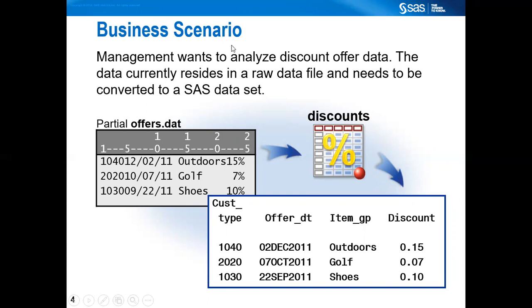So that's what the business scenario is. Management wants to analyze discount offer data. The data currently resides in a raw file and needs to be converted into a SAS dataset. Until this raw file is brought into SAS, we cannot give the report on the discount to your managers, because they will come to us.